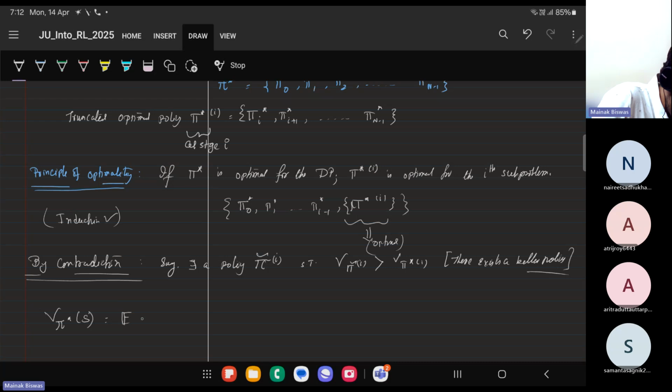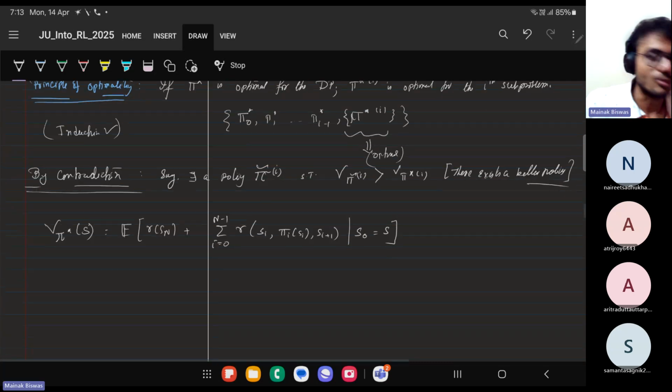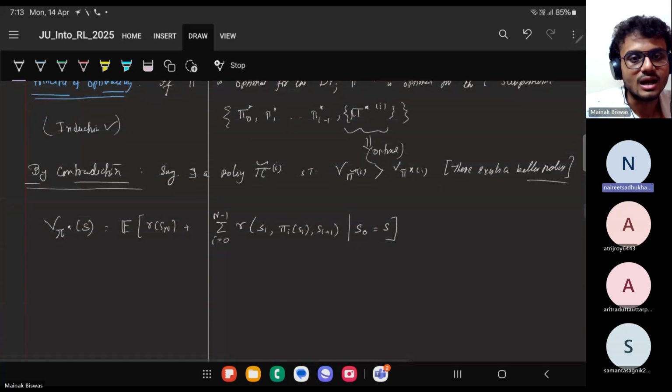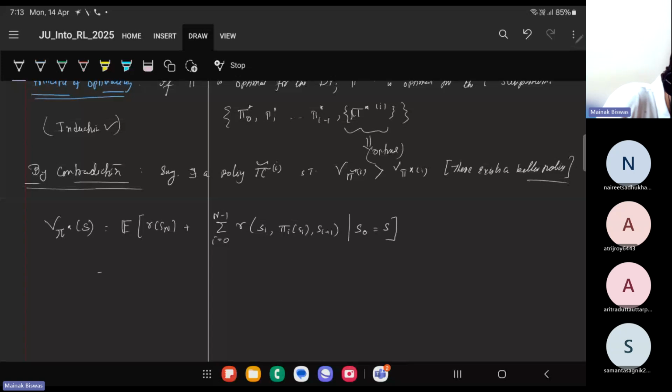This is again the same equation: the expectation of the summation of I equal to 0 to n minus 1 of R of Si, pi I of Si, Si plus 1, given S0 is equal to S. So now from this, I would like you to think about how to bring in pi tilde. I have to bring in pi tilde somehow. How do I bring it?